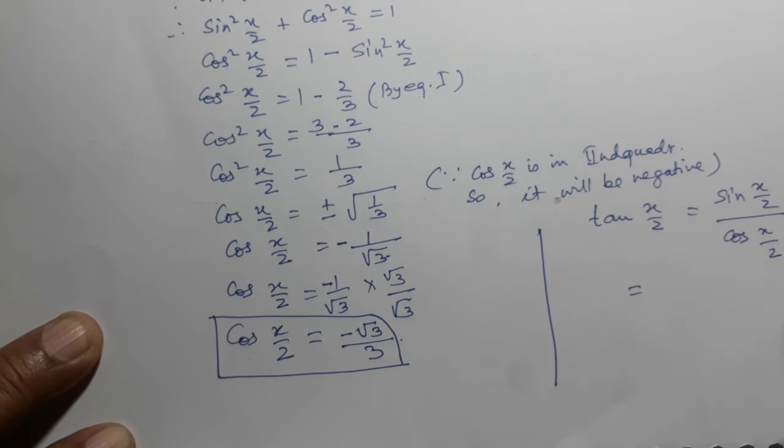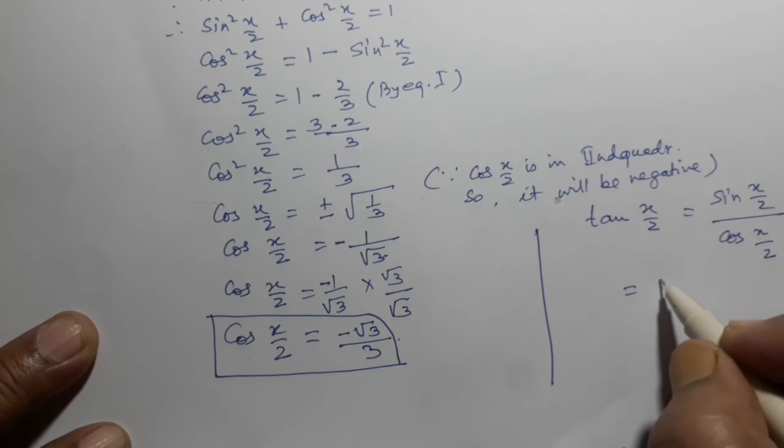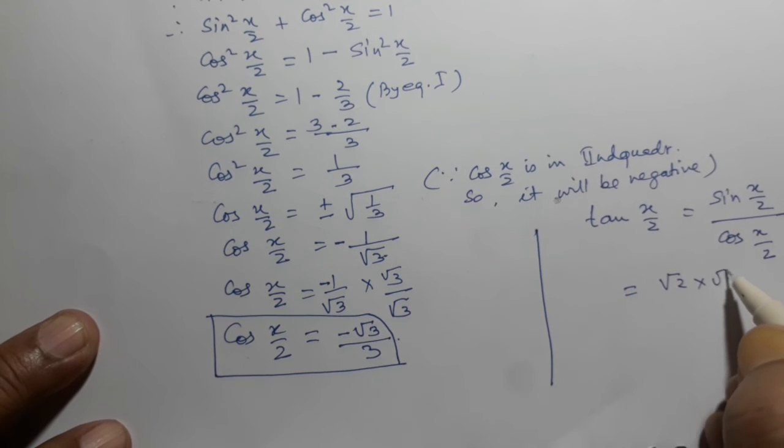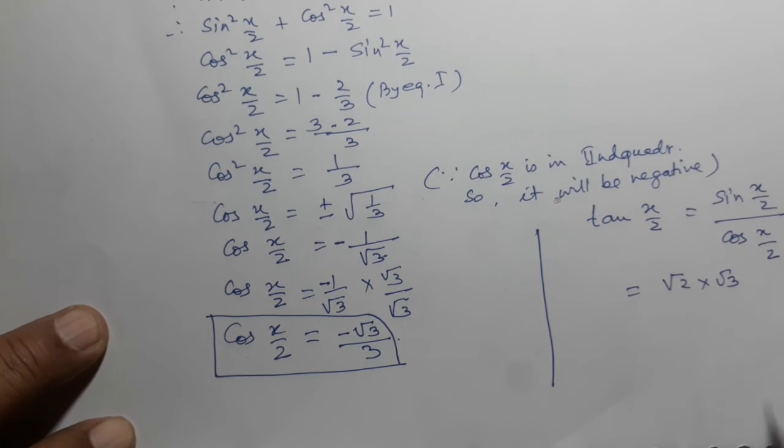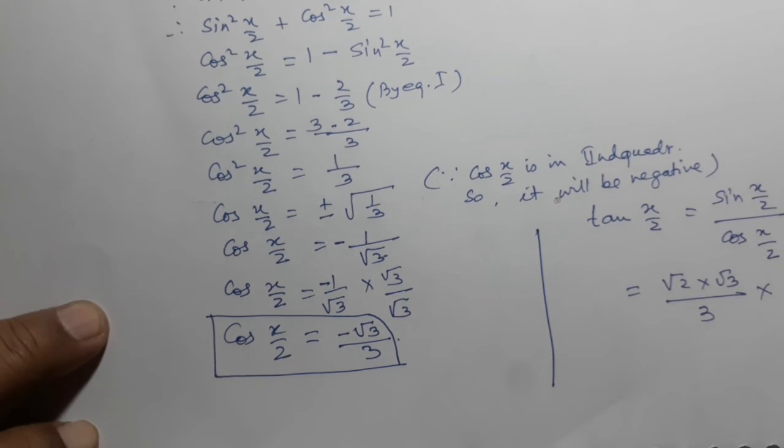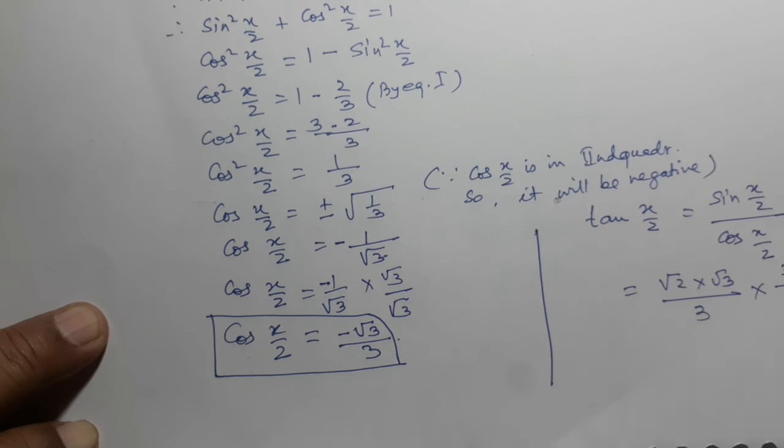So root 6 we can write root 2 into root 3, by 3, and this will reverse, so it will be 3 by minus root 3. This 3 will be cancelled.